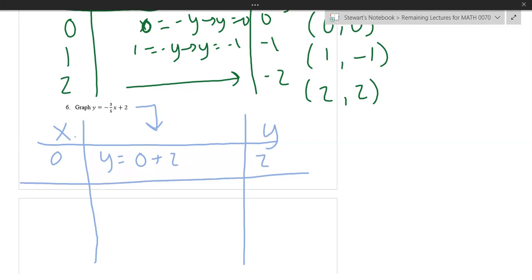Next, since we're dealing with a fraction in front of x, I'm going to pick something that'll clear the fraction out, which would be 5. Any multiple of 5 will clear that fraction. Now we have y equals negative 3/5 times 5 over 1 plus 2. So these 5's cancel, and we're left with negative 3 plus 2, which is equal to negative 1.